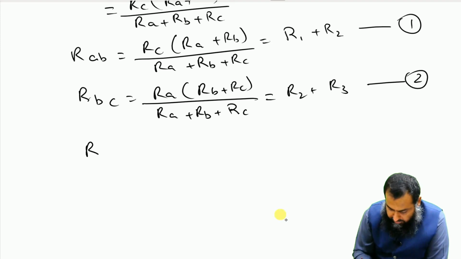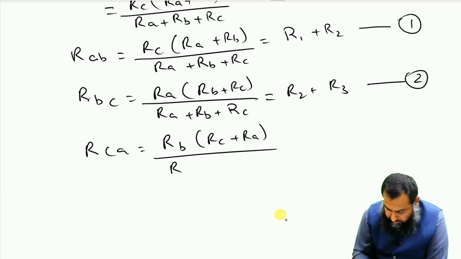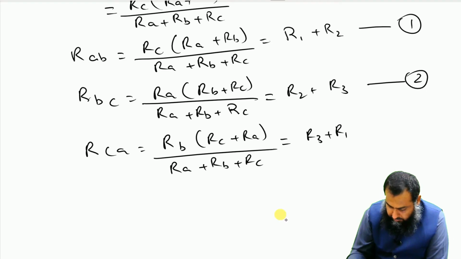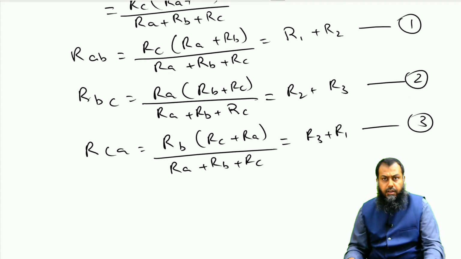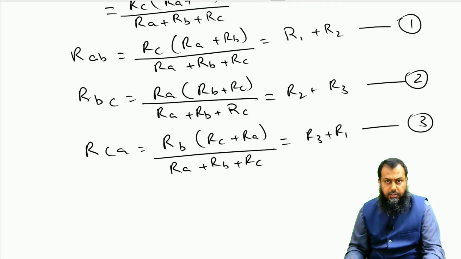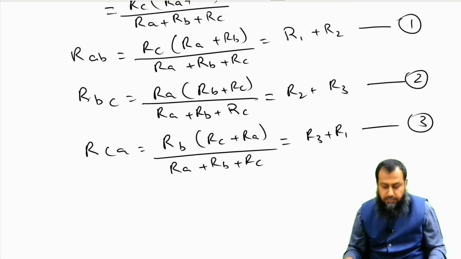And then we have RCA, where we have RB into RC plus RA divided by RA plus RB plus RC, and that is equal to R3 plus R1. So, I have got the set of 3 equations for the terminal characteristics across the delta network and a Y network. Let us proceed further.